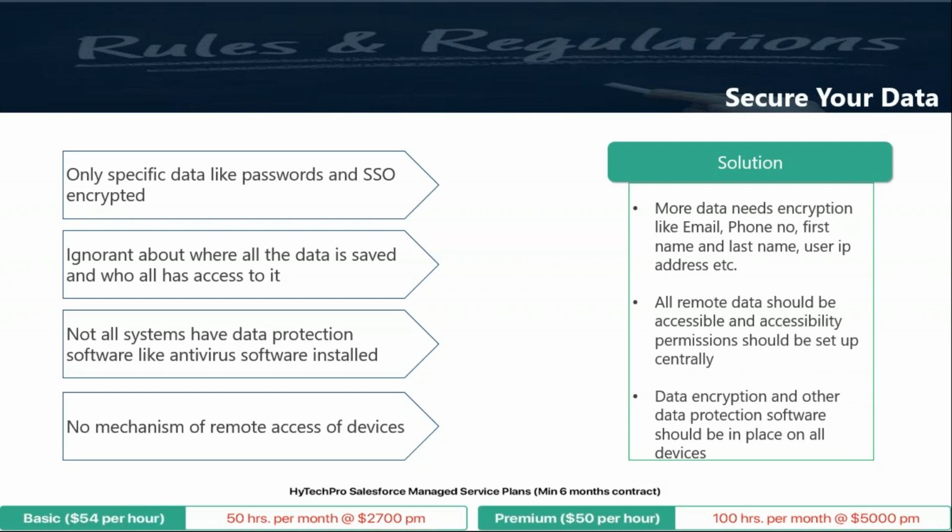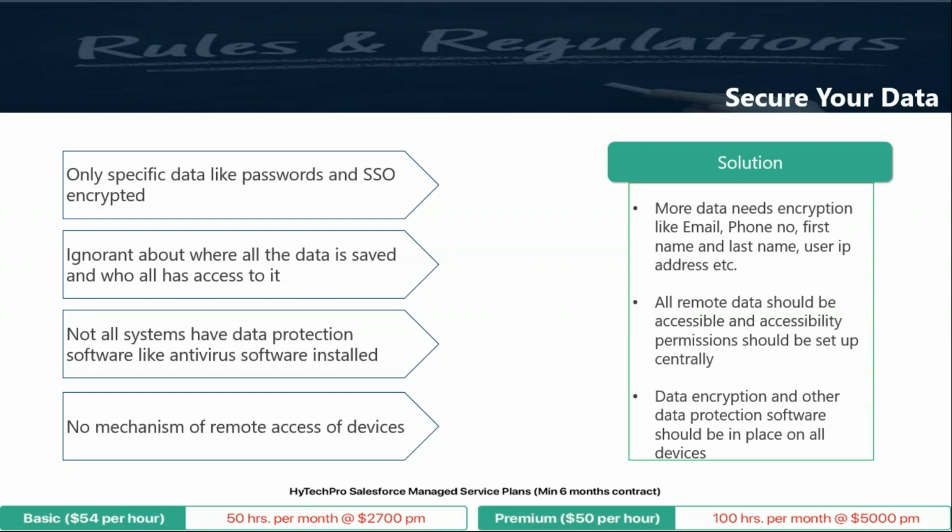Sure. So initially, in our existing systems, when we needed to encrypt data, we were very concentrated on just encrypting some of the information in the database. So we said that our password should be encrypted, maybe our social security number or national insurance number should be encrypted.